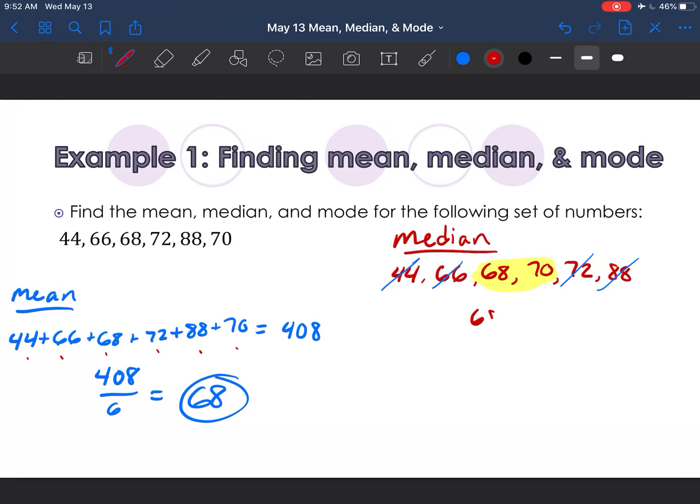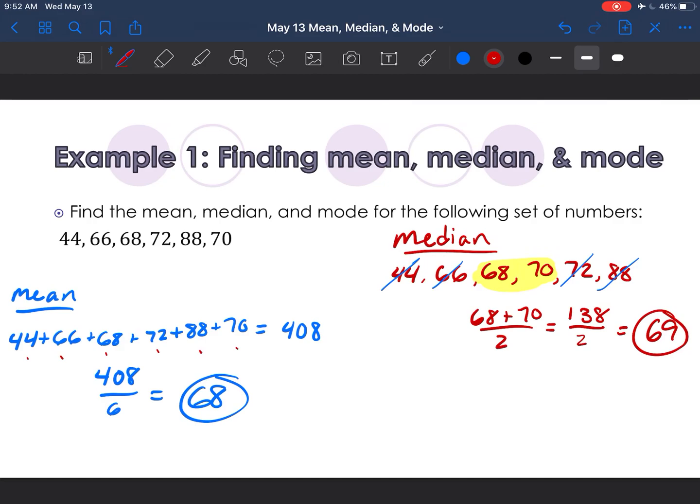So 68 plus 70 equals 138, and then divide by 2 gives you 69. So the median would be 69.